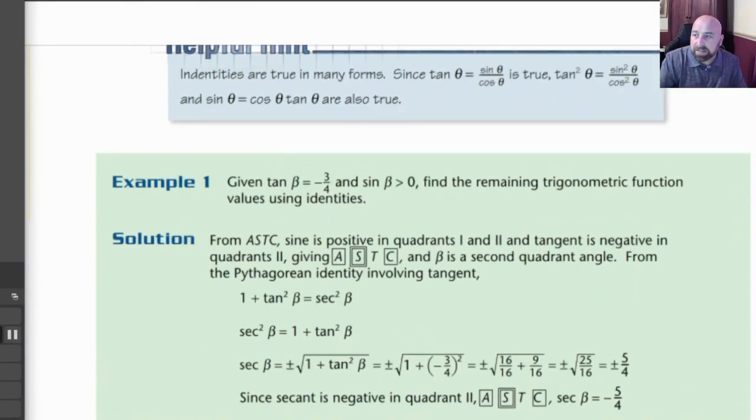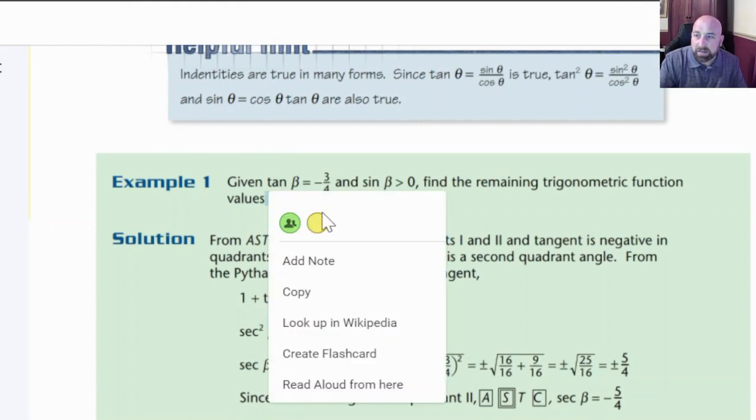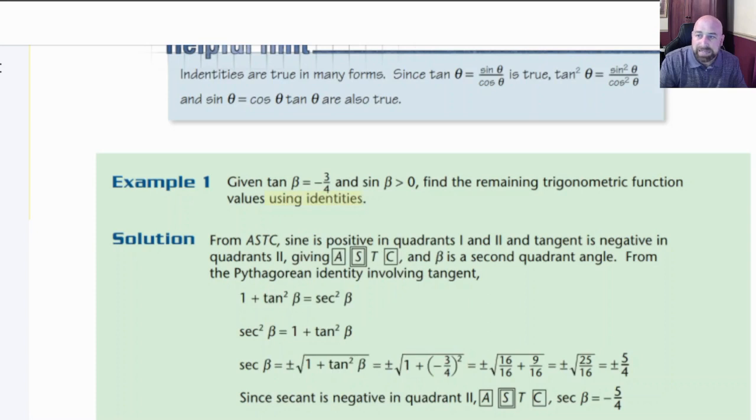It says find them using identities right there. So in other words, we can't just flip it. We have to find an identity that allows us to flip it. And again, this is connecting to the next chapter. So we need to know this so that we can do the next chapter.